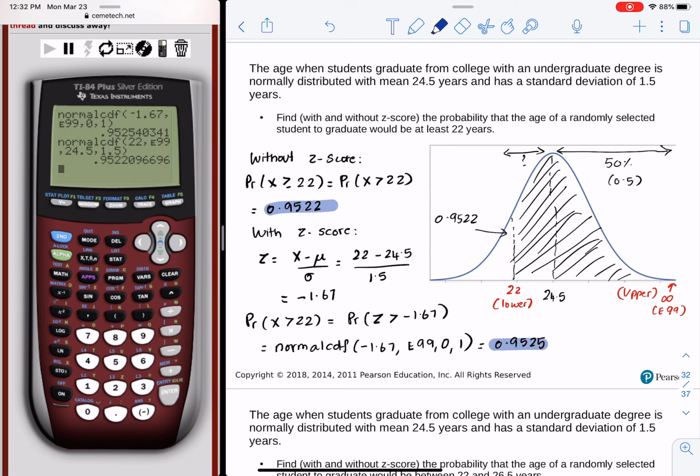But we are getting a slightly different answer because we rounded that z-score to 2 decimal places. If you recall, the answer was negative 1.66666667. So it is always best to use the direct approach, in the sense without using the z-score and simply using normal CDF with the actual mean and the standard deviation to avoid discrepancies due to rounding.